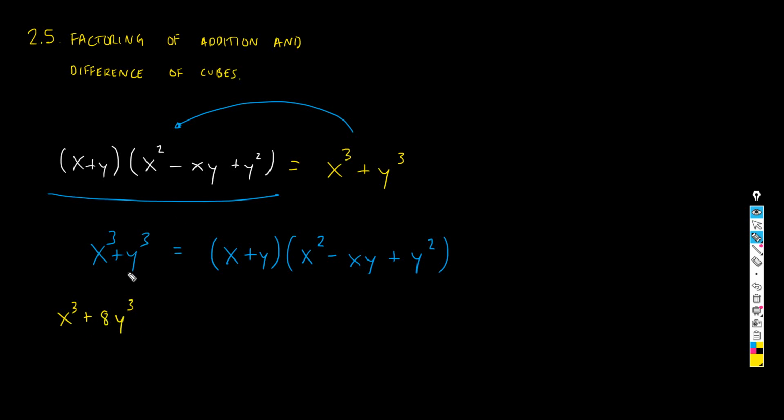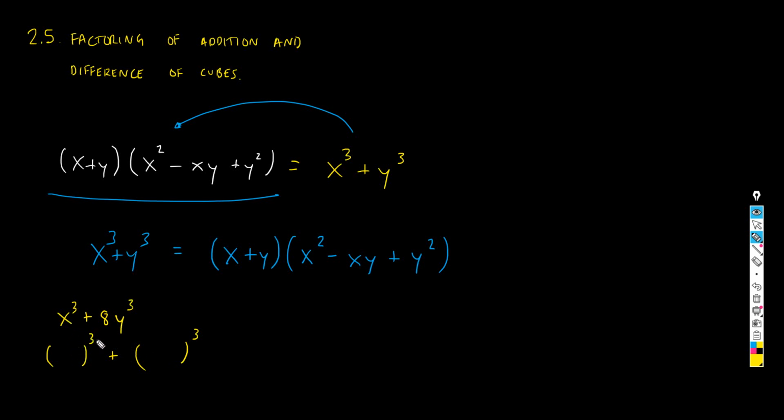You have to be able to write this number as the cube of something and this other number as the cube of something, in order to say that the whole expression is in fact an addition of cubes. If you cannot express this number as the cube of something and this number as the cube of something, you're not talking about an addition of cubes.